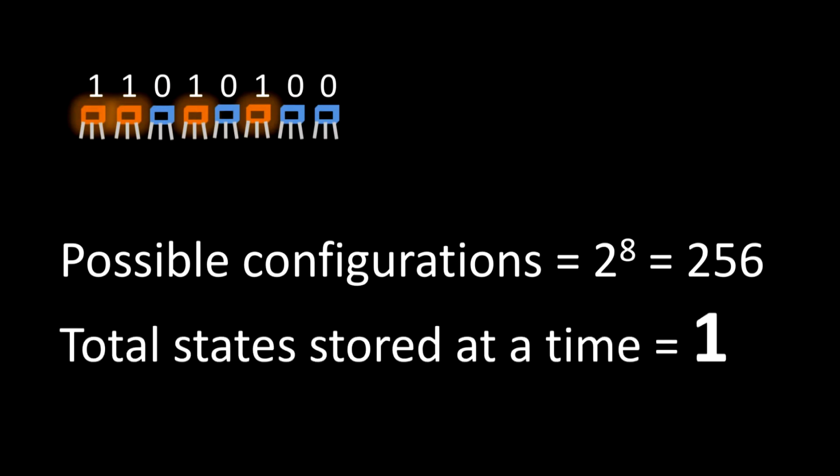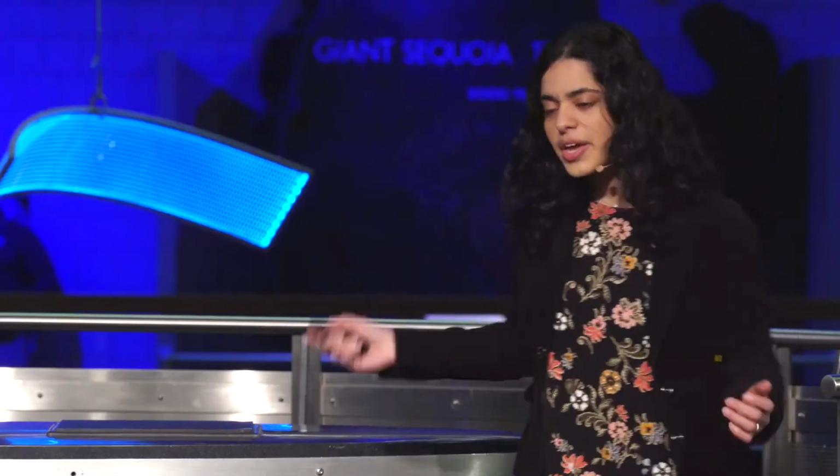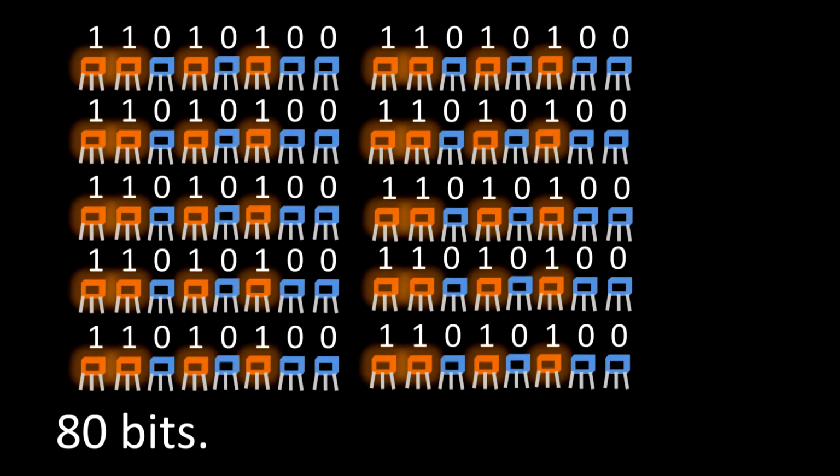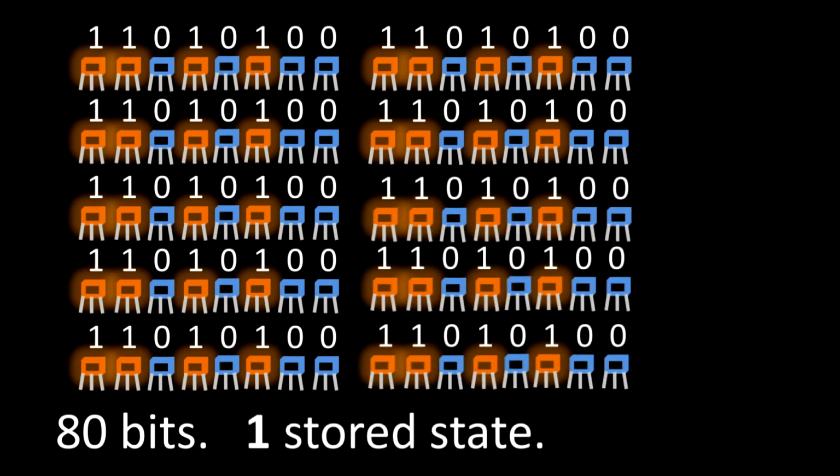What's the state that it's in right now? It's storing 1, 1, 0, 1, 0, 1, 0, 0. What if I have more bits? Say I have 80 bits. That's got 2 to the 80 possible configurations, but again, at any given time, the number of states it's storing is 1.